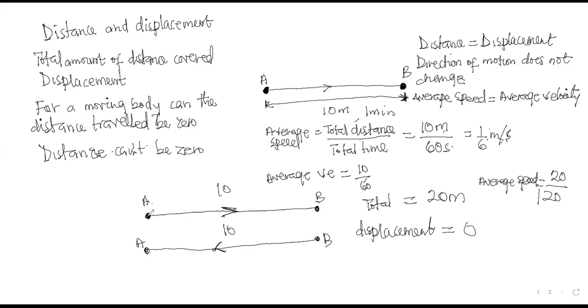So he moved from here to here. Assuming this is due east, from A to B is due east, and this is taken as positive. And when he moved from B to A, due west is taken as negative. So when you add 10 plus -10, this is 0. And once the total displacement is 0, the average velocity would also be 0.